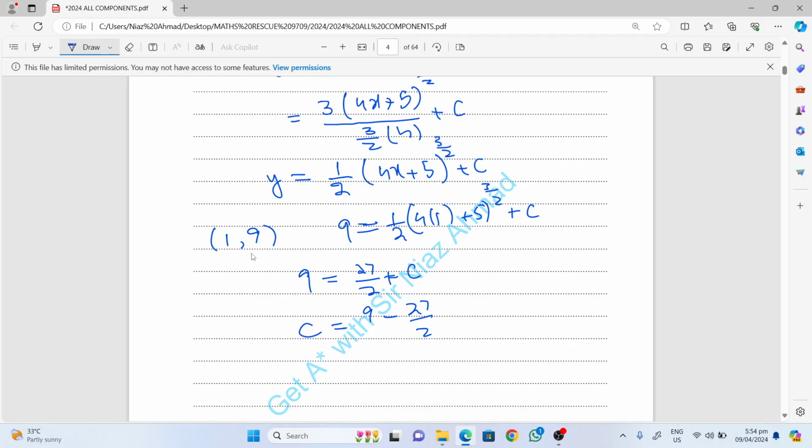Use your calculator and your c is minus 9 by 2. This is the value for c.